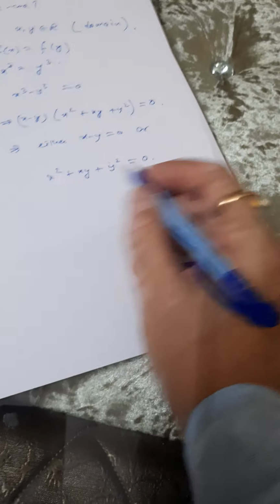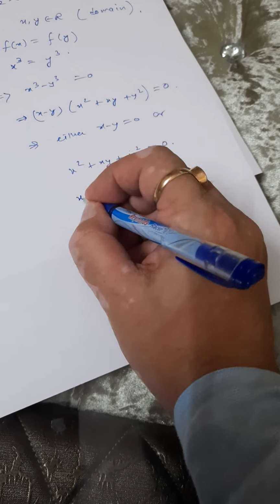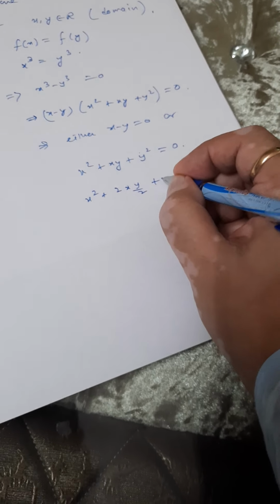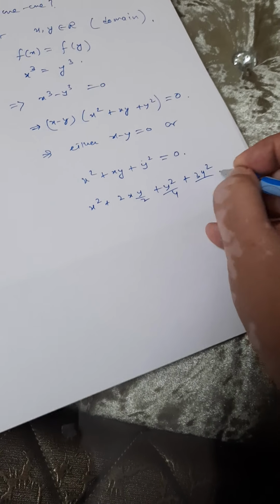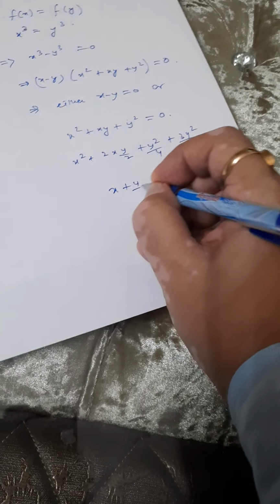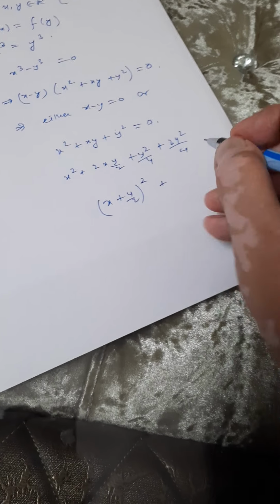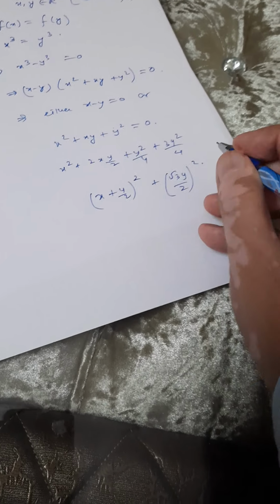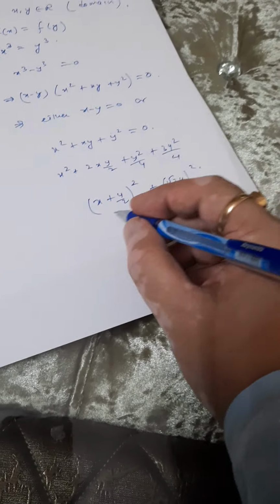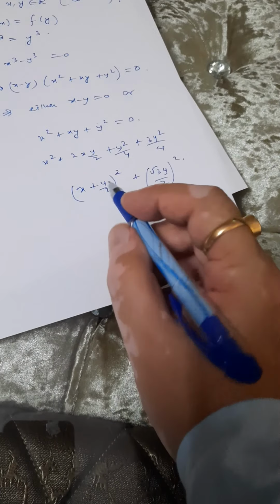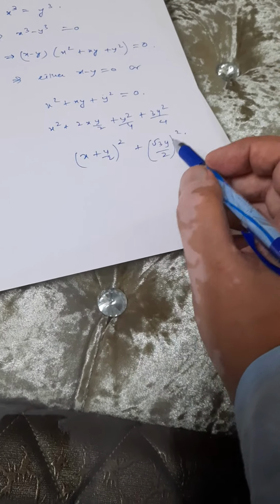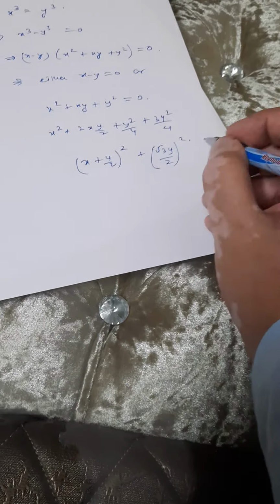So I will prove that this is actually not equal to 0, because this can be written as x square plus 2 into x into y by 2 plus y square by 4 plus 3y square by 4. So this is (x plus y by 2) square plus (root 3 y by 2) whole square. So both are squares, and square is always greater than or equal to 0.